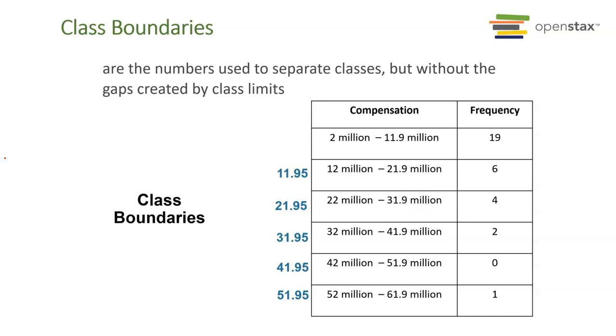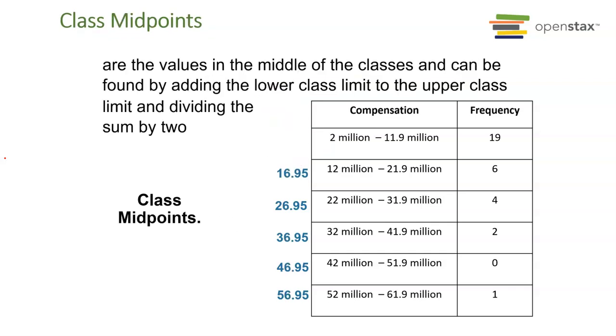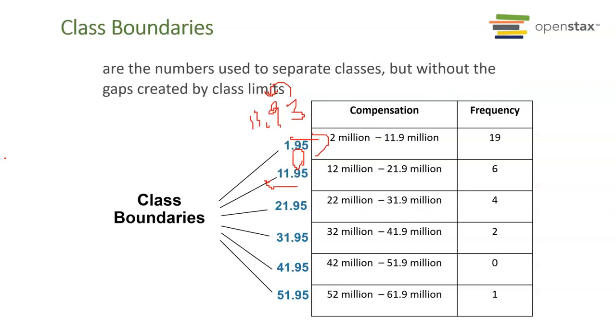So if you make 11.93, I'm going to dump you in here because this would round to 11.9. But if you make 11.95, well, that's going to round up to a 12, so you'll go into the second class. So those are your class boundaries. We're not going to worry about class boundaries that much.